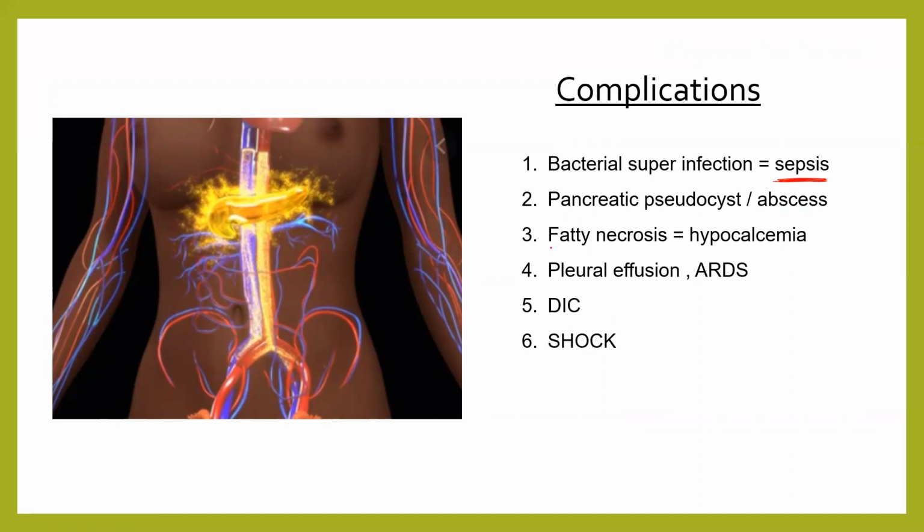We can also have fatty necrosis of the pancreas, and fatty necrosis has a tendency to attract calcium, leading to hypocalcemia. And we know that hypocalcemia can have several effects on the heart. It can cause arrhythmias. Like I mentioned earlier, it can escape and attack the lungs, leading to pleural effusion, ARDS. We can also have DIC and shock.